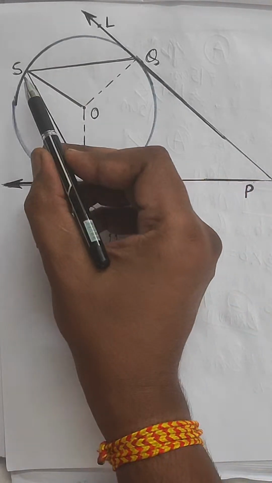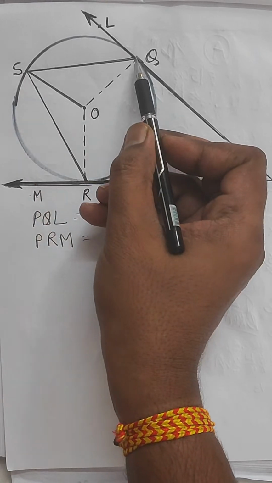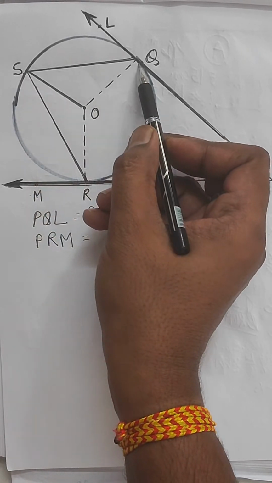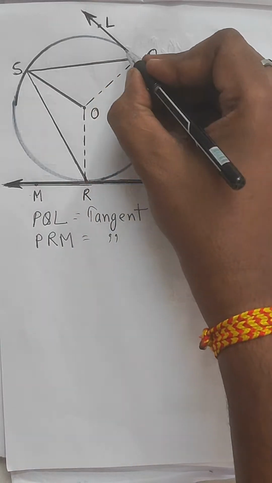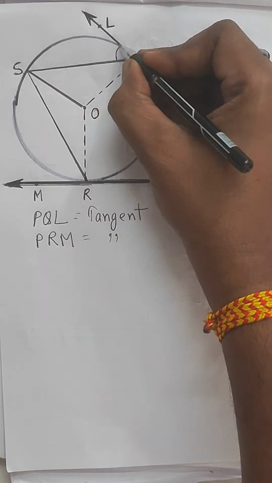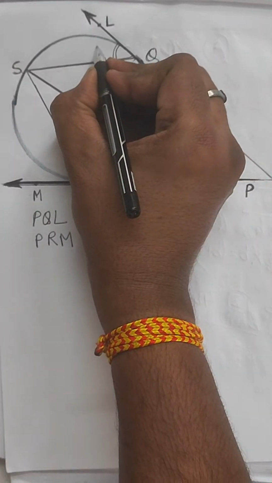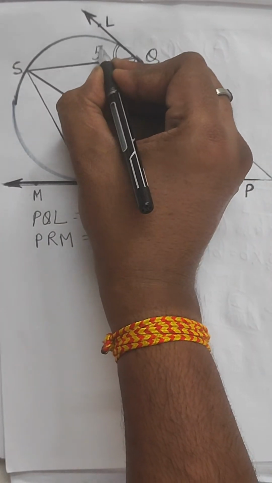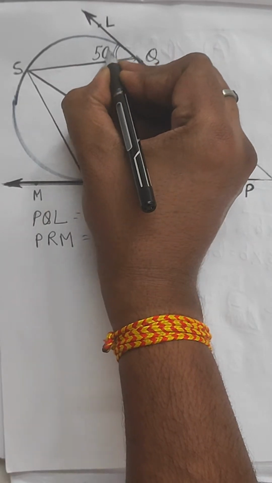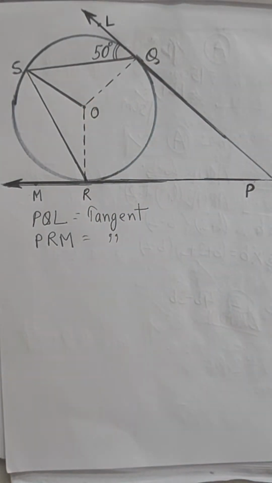So this is point S, this is Q, this is L. So angle SQL will be this angle, right? And the measure of this angle is given to you as 50 degree.